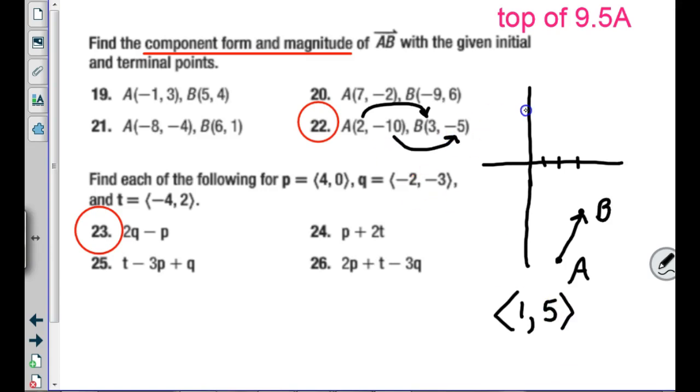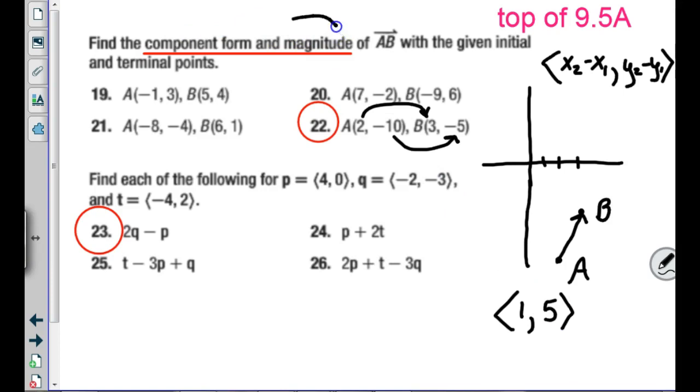So the rule, if you do it by subtraction, is x2 minus x1 and y2 minus y1. I always just do it in my head, but going from A to B is going to the right and up, so they need to be positive.